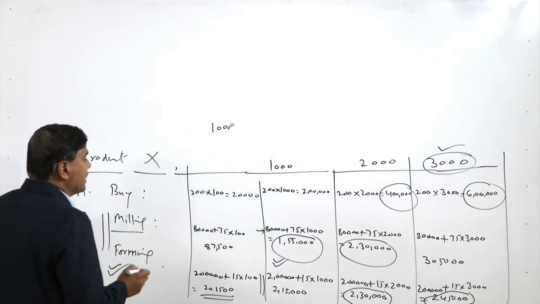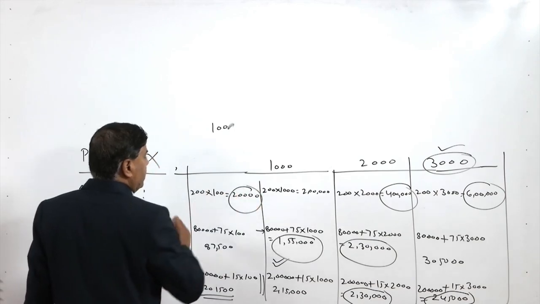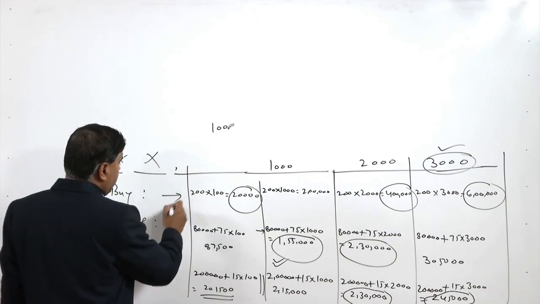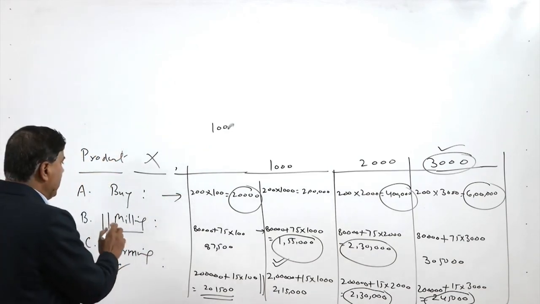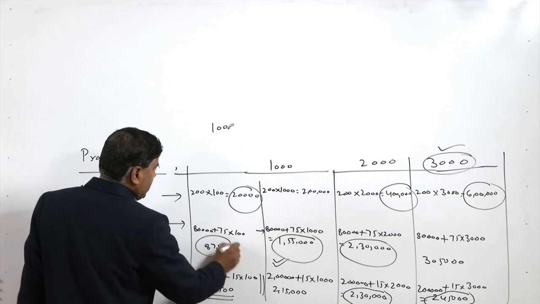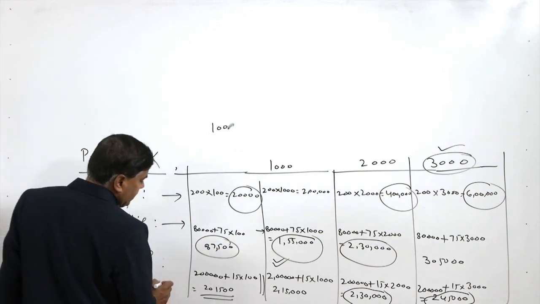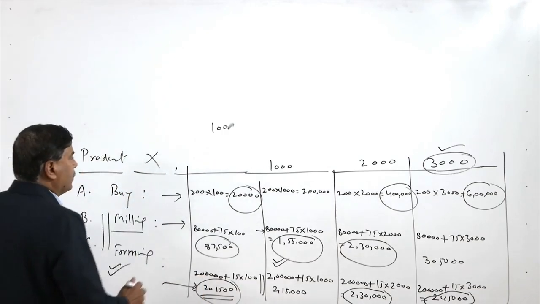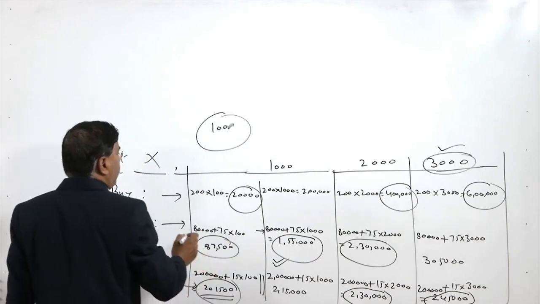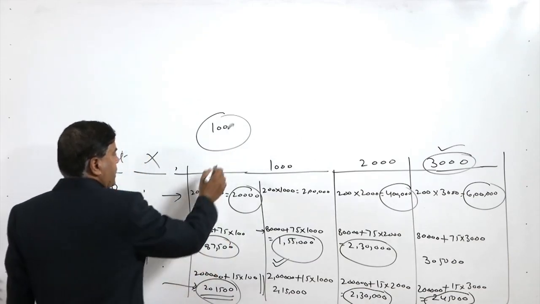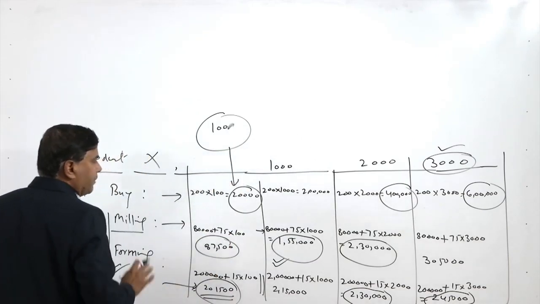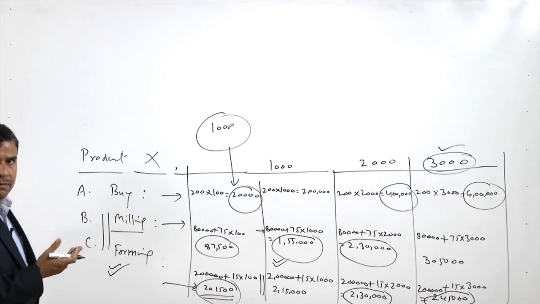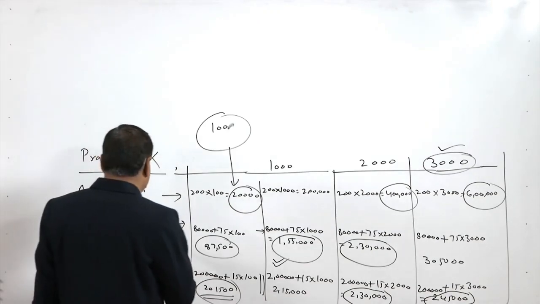In this scenario, 20,000 is the minimum possible cost, for option A, buying directly from the market, and milling is the second costliest method, and the costliest method is forming. So, for low volume production or low volume requirement, the best option is to buy from the market, because there is no initial investment requirement and there is a direct variable cost where the product can be bought directly from the market.